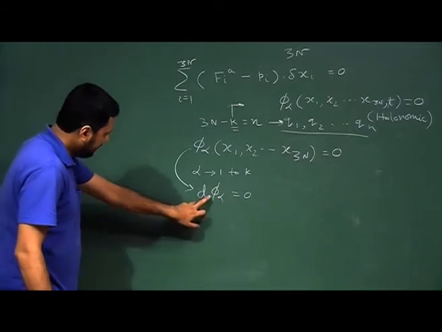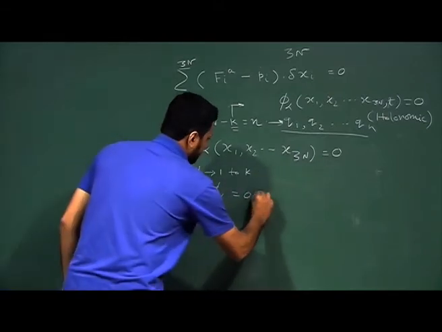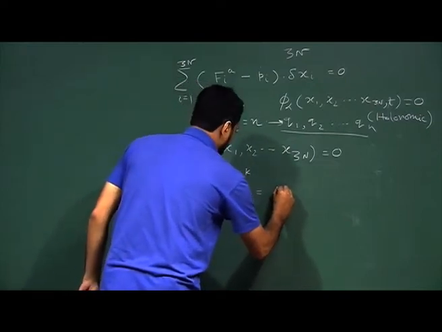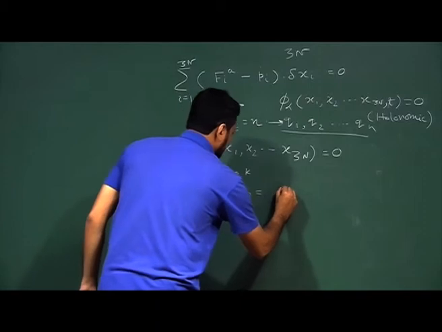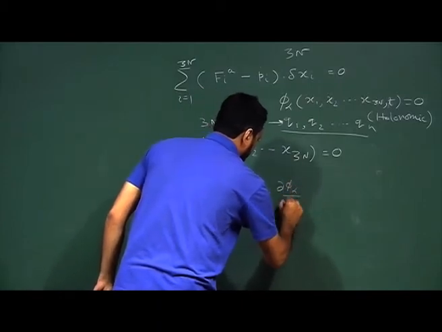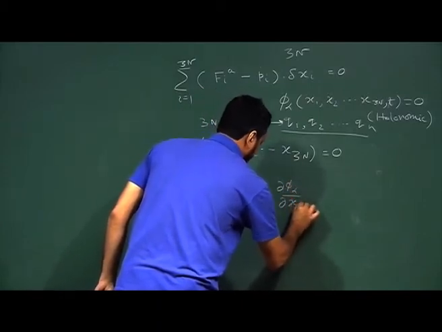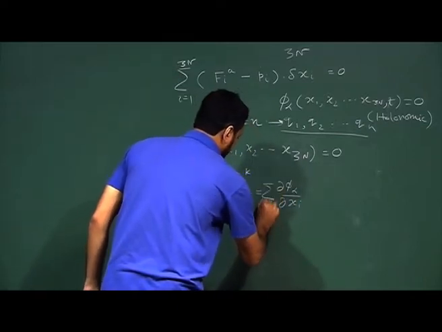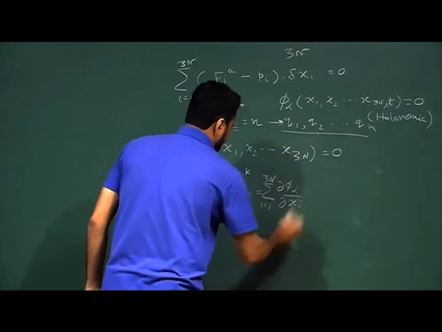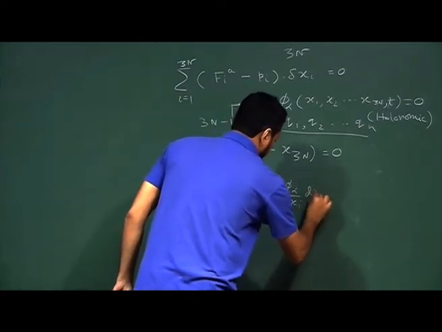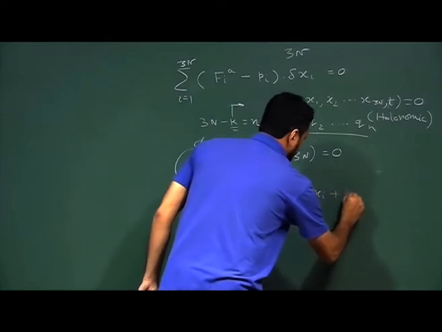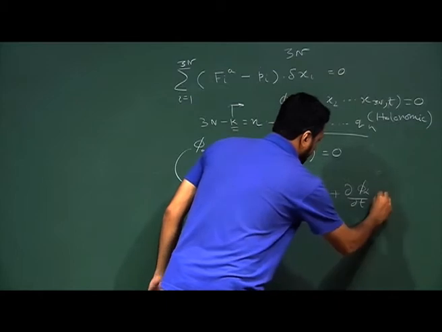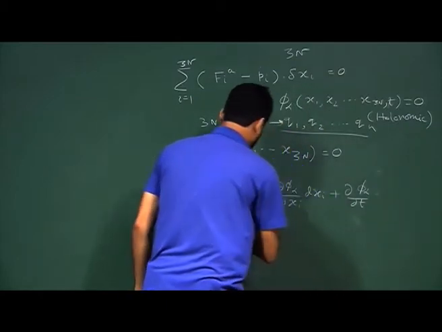Now, d phi alpha in its most general form has this nature: del phi alpha del xi, where i runs from 1 to 3n, dxi, plus del phi alpha del t dt, which is once again 0.